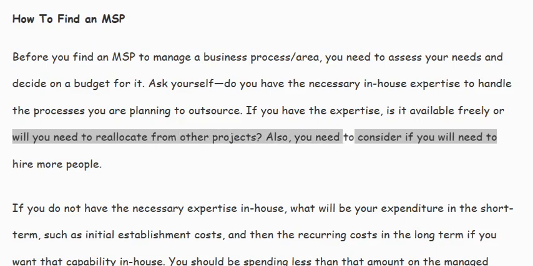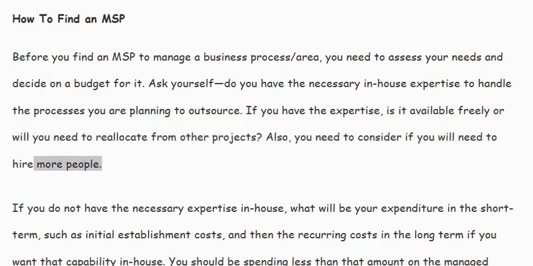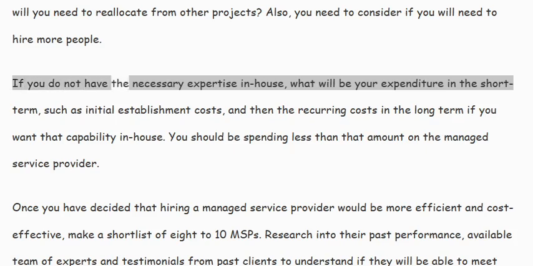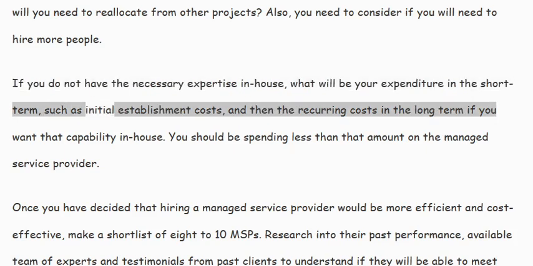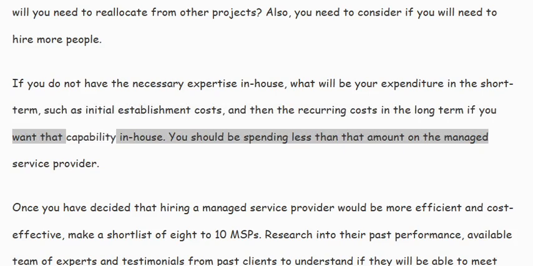Also, you need to consider if you will need to hire more people. If you do not have the necessary expertise in-house, what will be your expenditure in the short term, such as initial establishment costs, and then the recurring costs in the long term if you want that capability in-house? You should be spending less than that amount on the managed service provider.